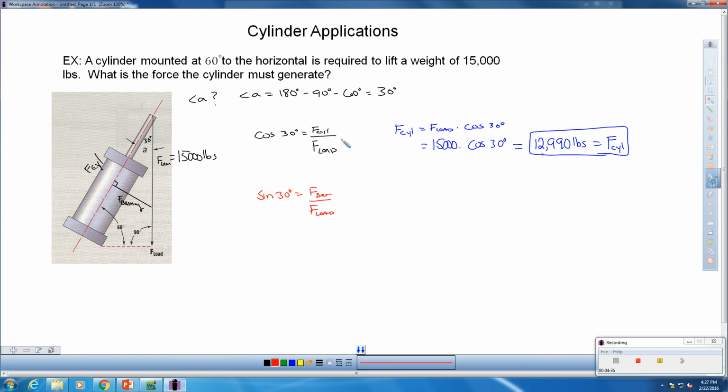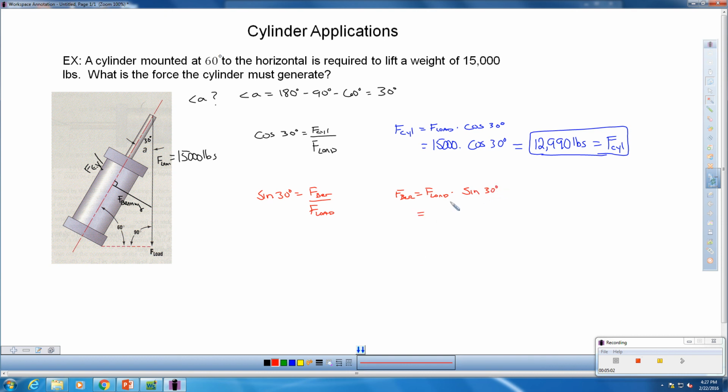Same math applies that we did in the first problem. Since these are dividing, we multiply both sides by the force of the load to get the force of the bearing by itself. We get the force of the load times sine of 30 degrees.